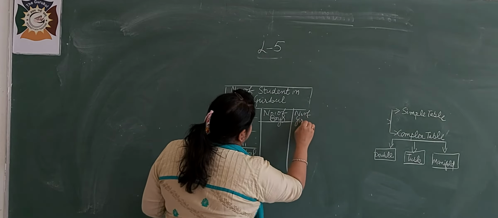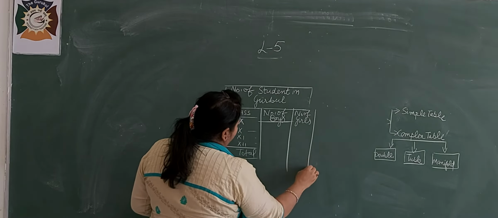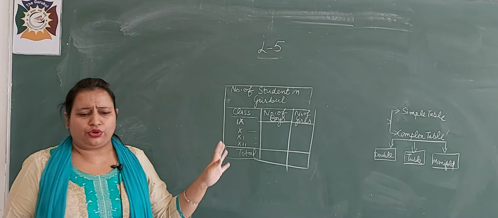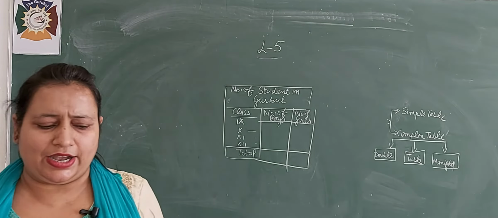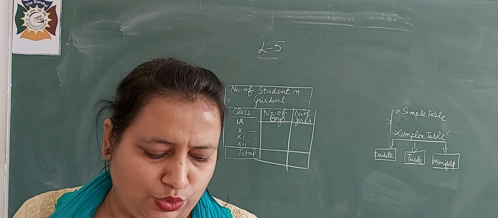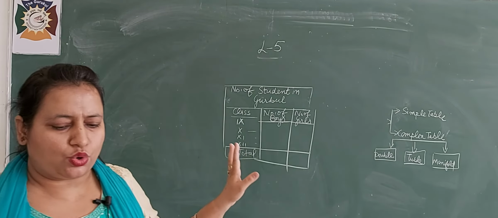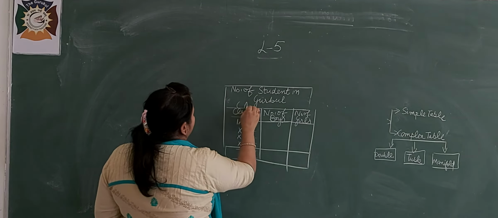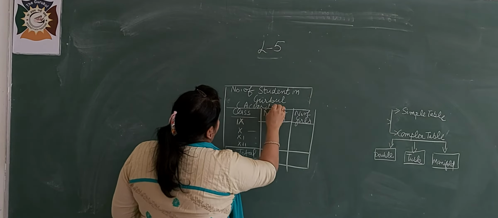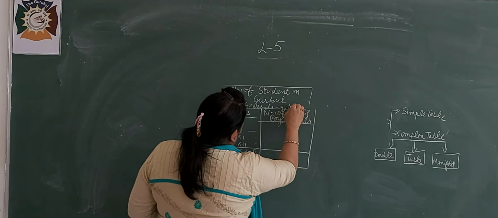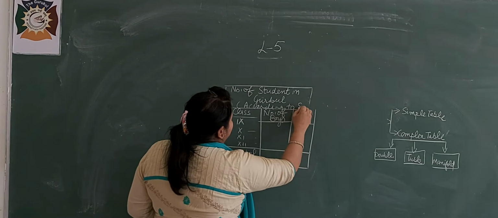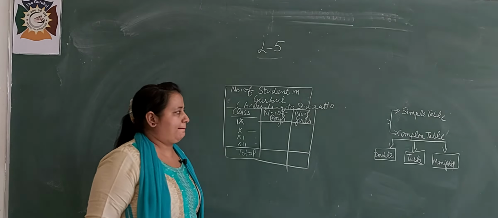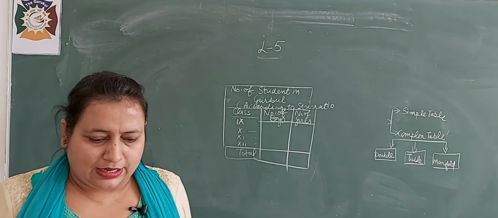So that means it is divided into two parts. The data which you want to write, you will write according to you. The number of students in a Gurukul, you will write according to the sex ratio, that is male and female.